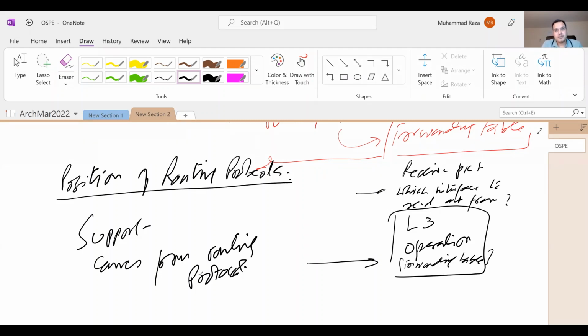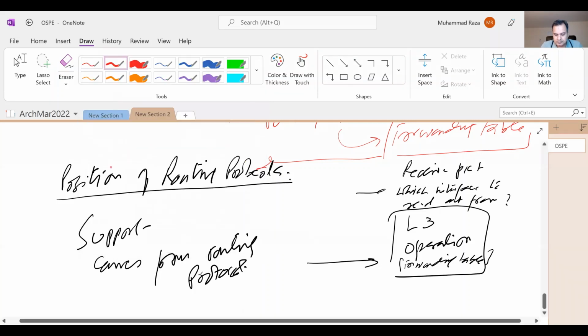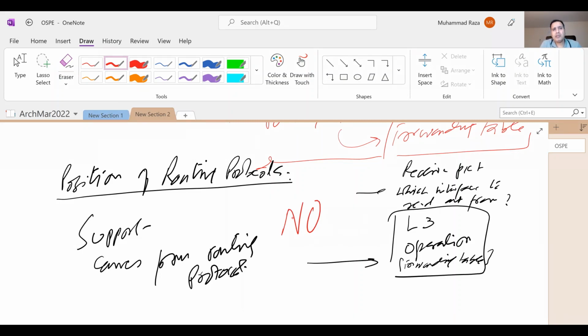That means, should I place them on this layer? No, I should not place them on L3. And I should not confuse myself and others by saying they are on a certain layer, because they are support.